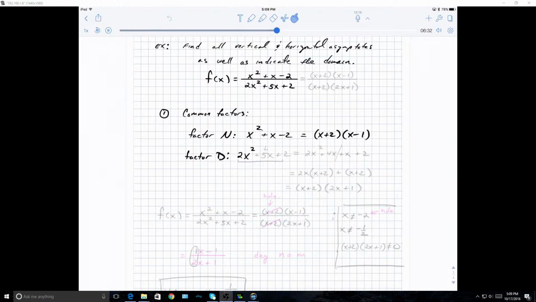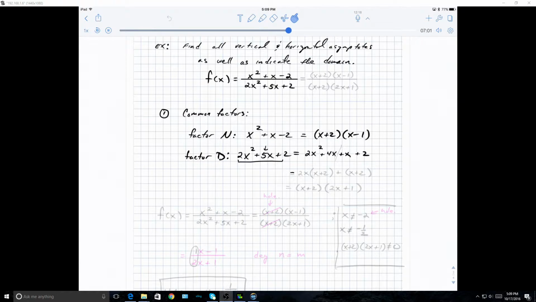Looks like it's 2x squared, so the lead coefficient is not 1, so we'll have to do a little more work and factor by grouping. So now we have to find the factors of 4 that combine to 5. That's easy. That's 2x squared plus 4x plus x, because 4x and 1x make 5x, and then plus 2.